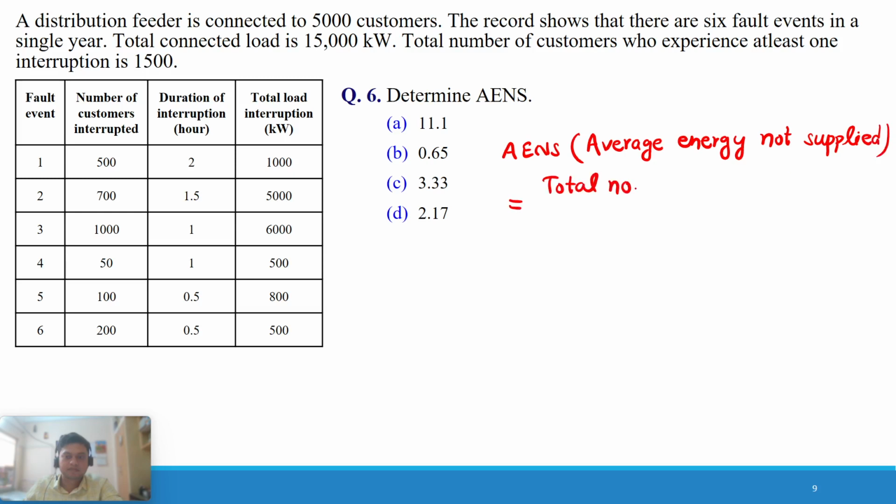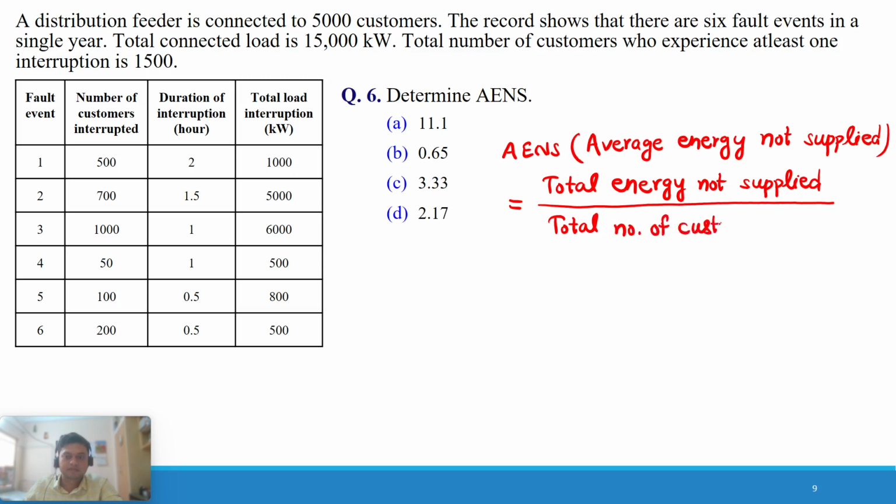Average energy not supplied is the ratio of total energy not supplied to the total number of customers served.